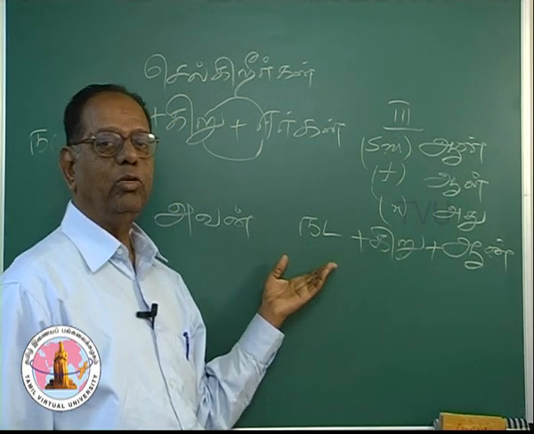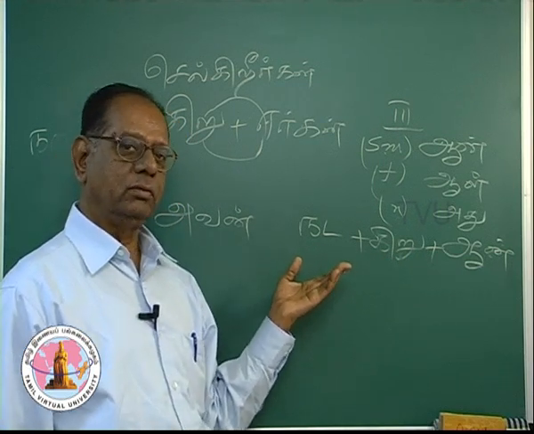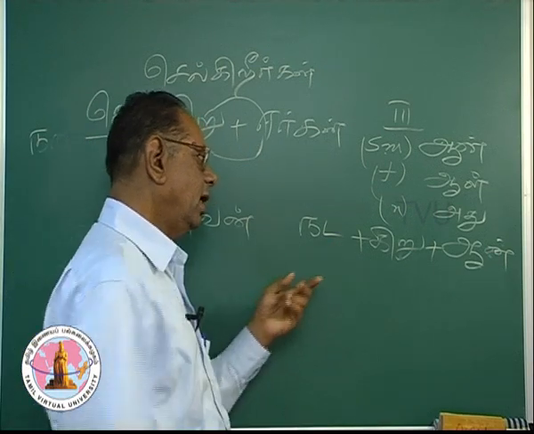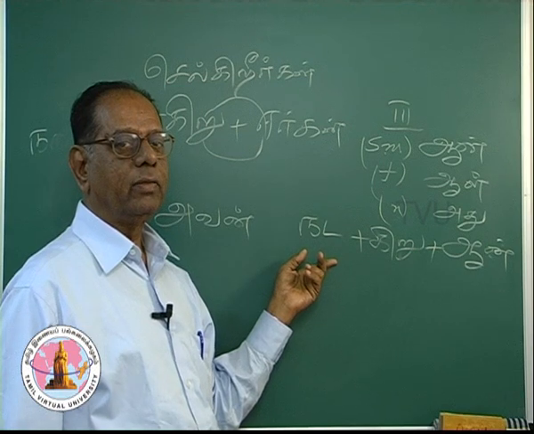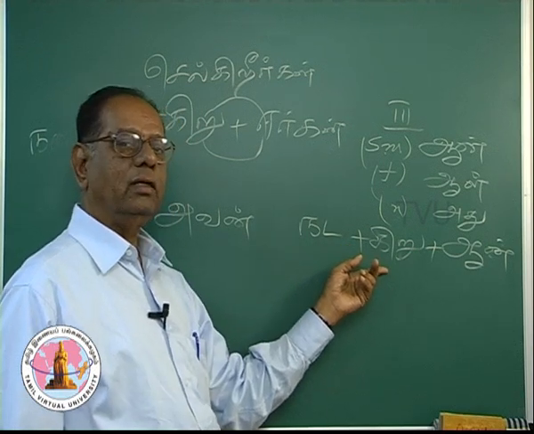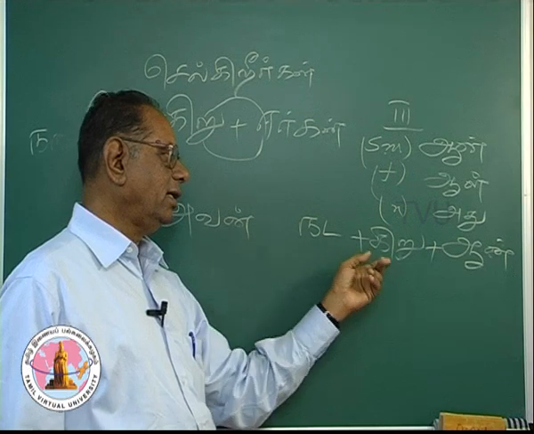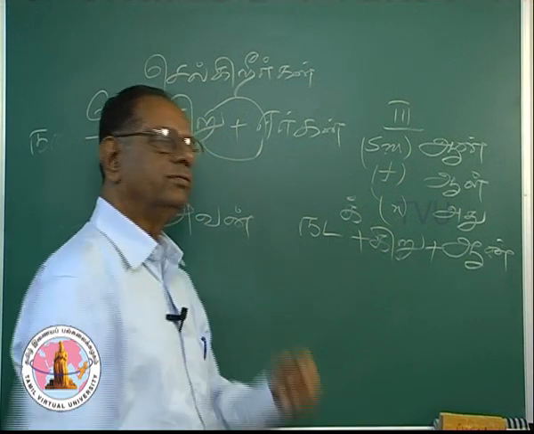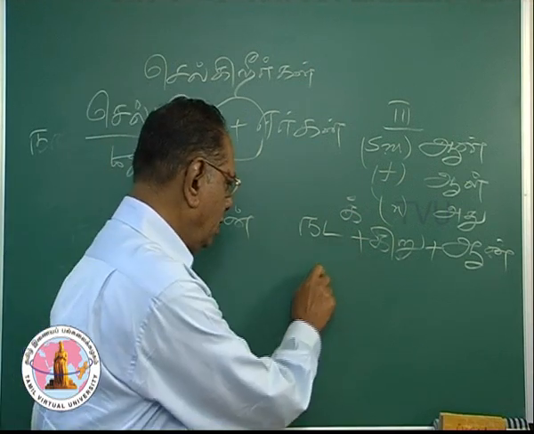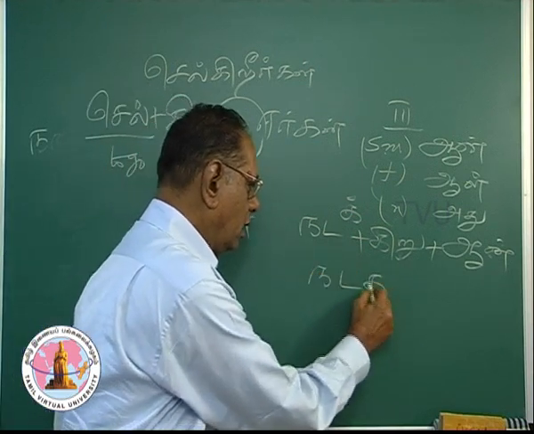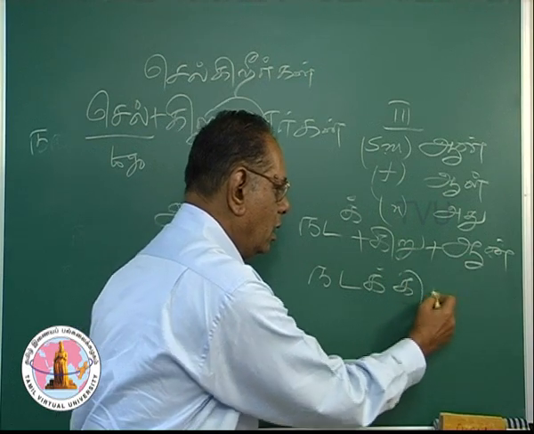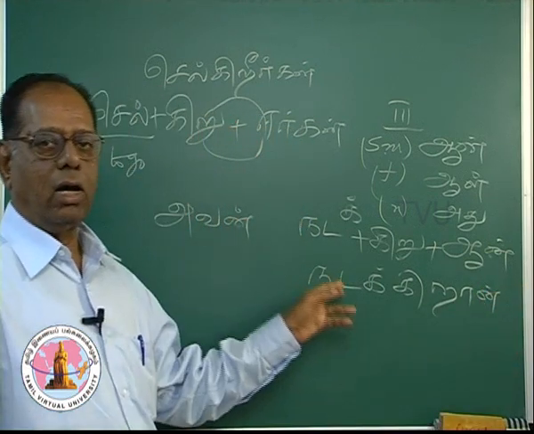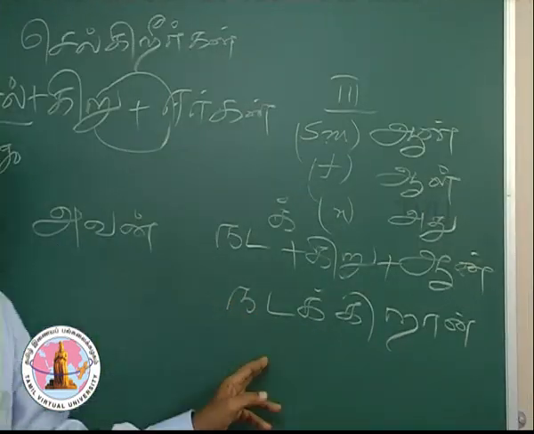This has a peculiar tendency of taking in an extra consonant, and the consonant will be from the following letter. The following letter is key, so naturally its consonant is ik. So it will be நடக்கிறான். அவன் நடக்கிறான்.